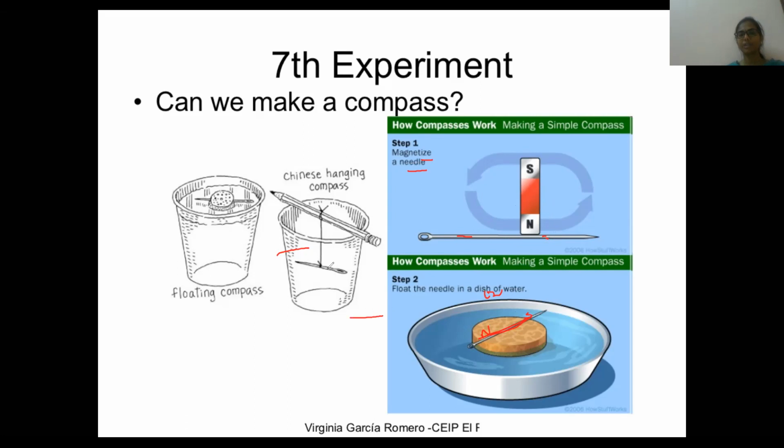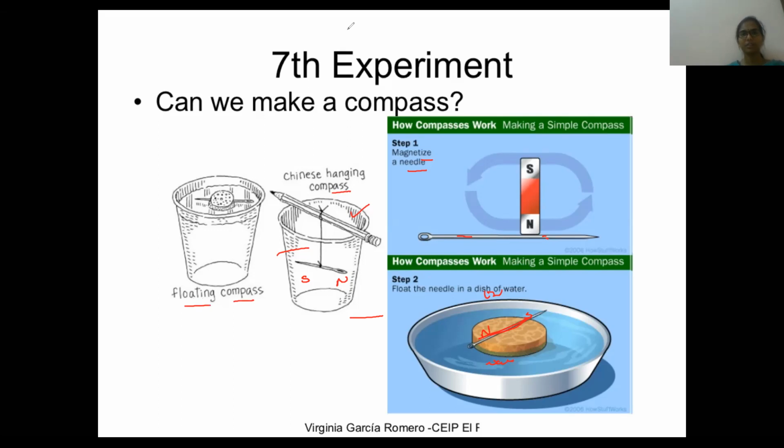Instead of suspending freely, you can also hang it, and it will come to the north-south direction, or you can release it in water, and again it will come to the north-south direction only. Like this you make your own compasses. The Chinese hanging compass and the floating compass are the two methods to create your own compass.